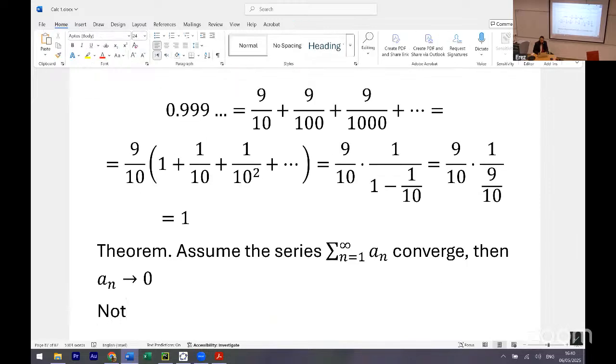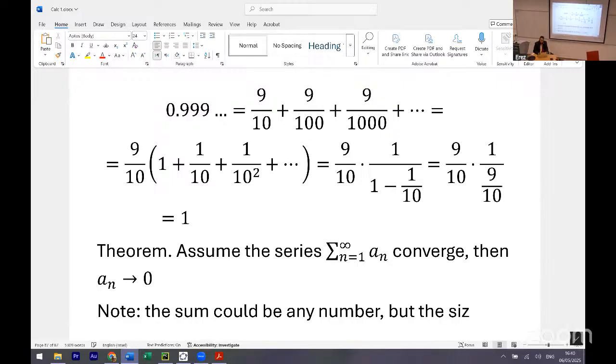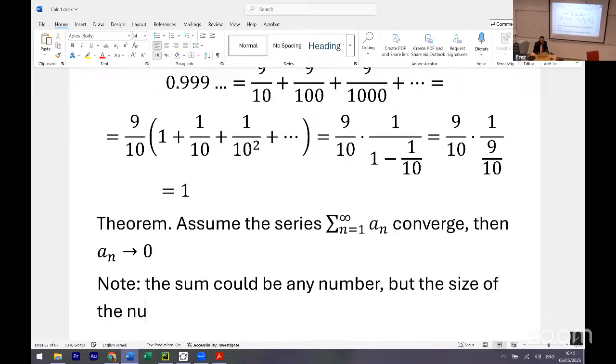Note, the sum could be any number, but the size of the numbers we add up must tend to 0.